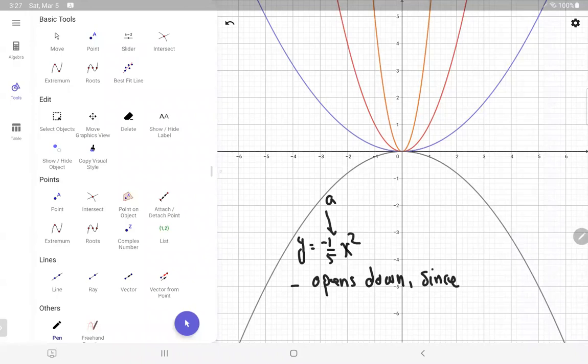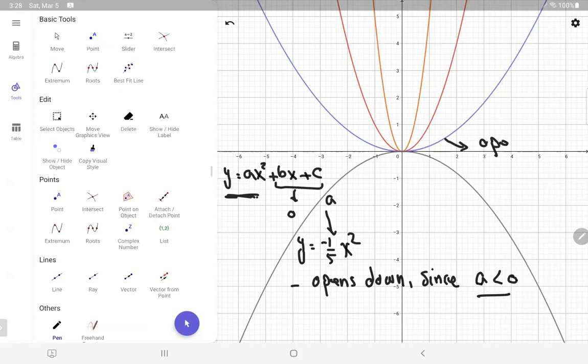This is my general form: ax squared plus bx plus c. Someone is going to ask, where are these guys? These are zeros. Now we have this guy. Since a is negative, less than 0, it opens down. But all of these open up because a is positive.